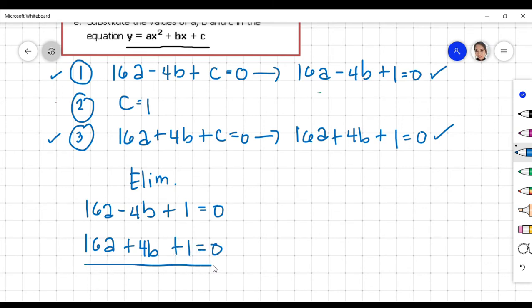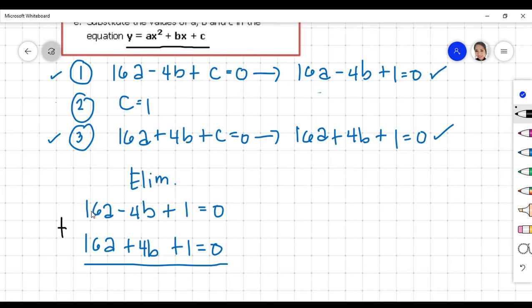So remember, I told you that we have to choose between a and b which variable we want to eliminate. So this time, I will choose b to be eliminated, because if you notice, the coefficients of our b's are in opposite. This one is -4 and this one is +4. So if we add them, obviously these terms here will be eliminated, or b will be eliminated.